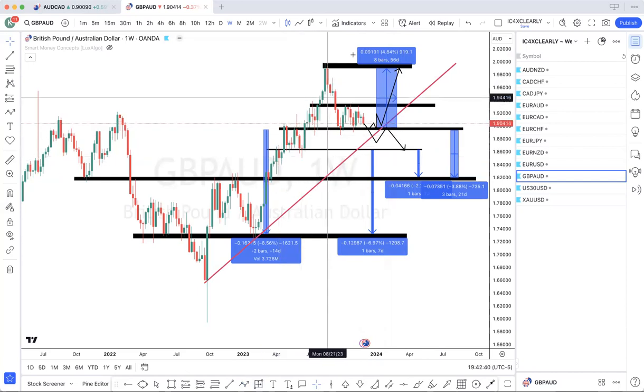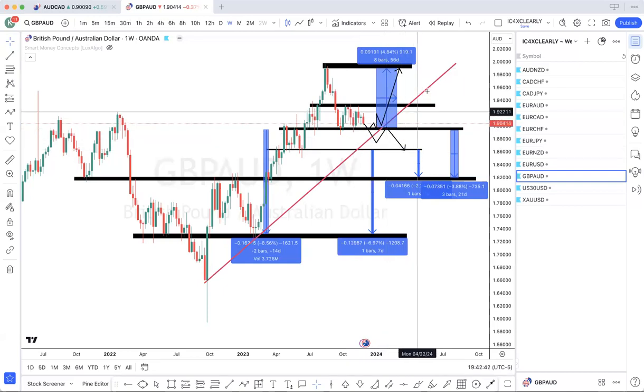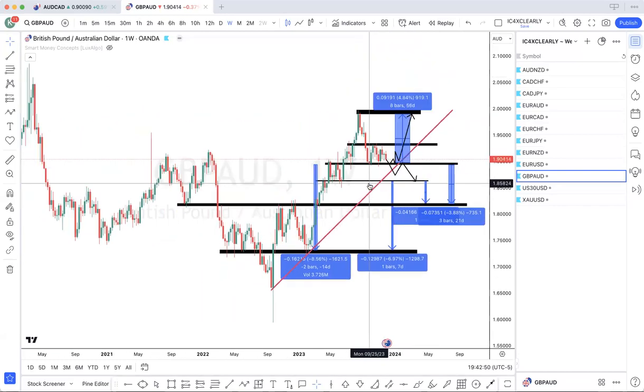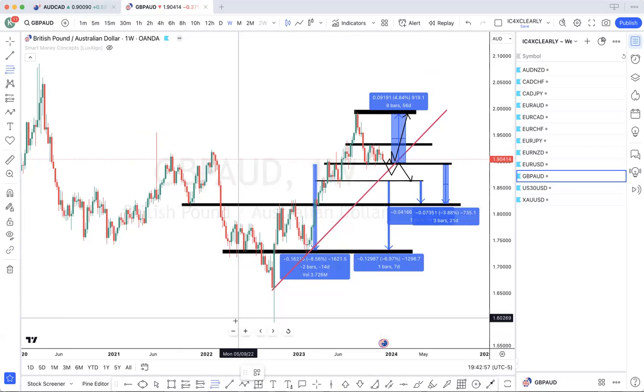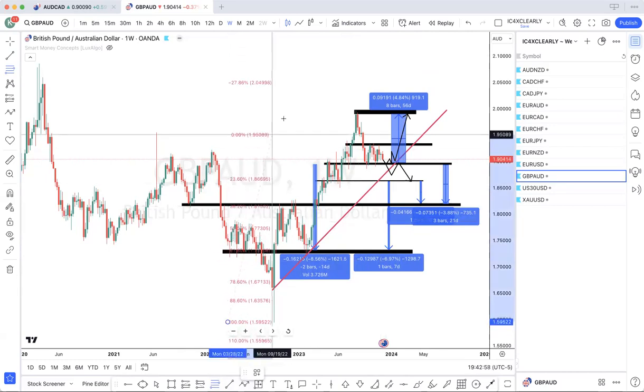So this is the swing low here. So price could come here and then possibly push up, or it's going to push back down and then maybe pull back to the 78 or 88, which is probably up in here somewhere, one of these key levels here.